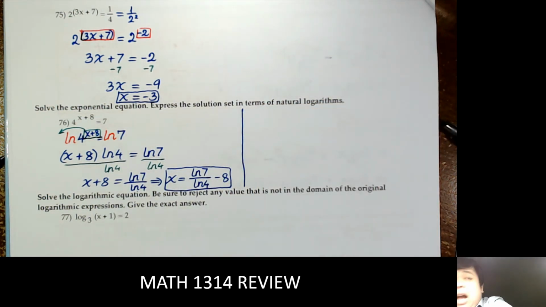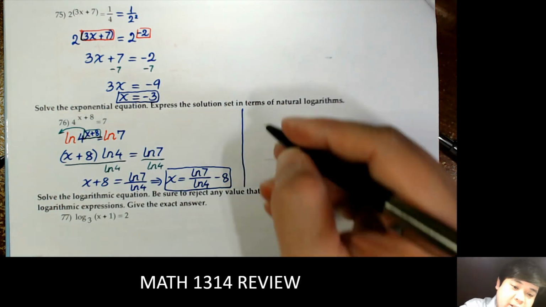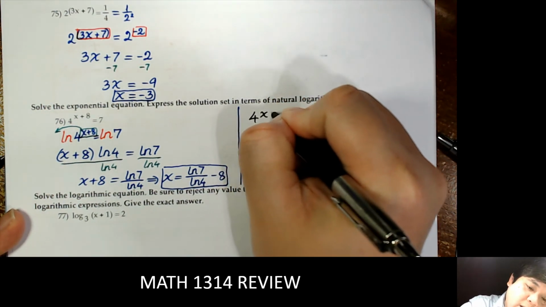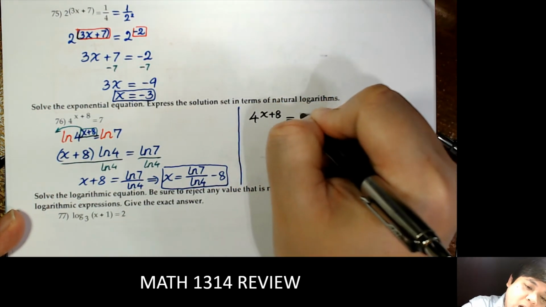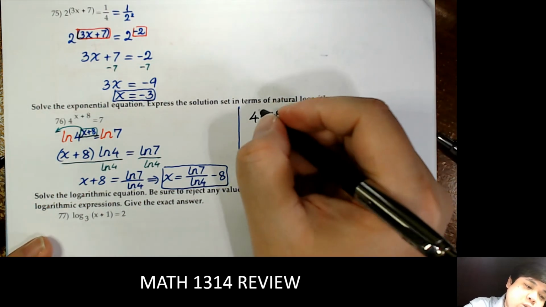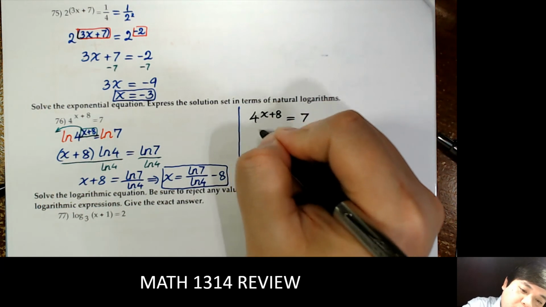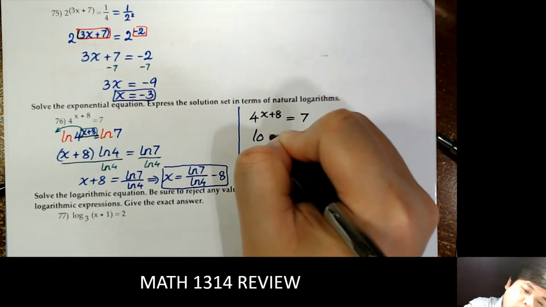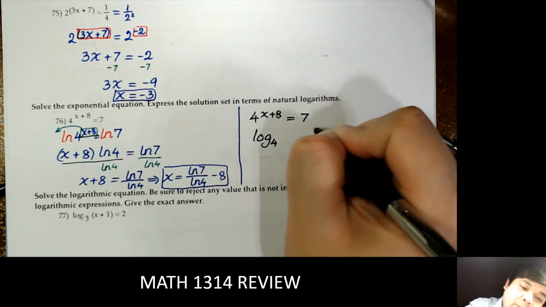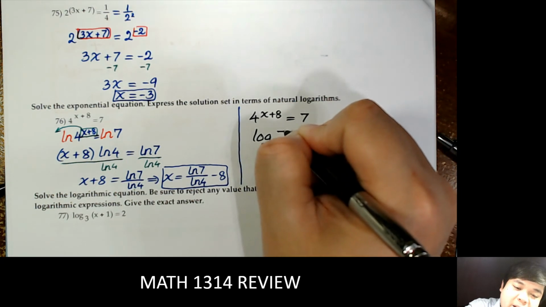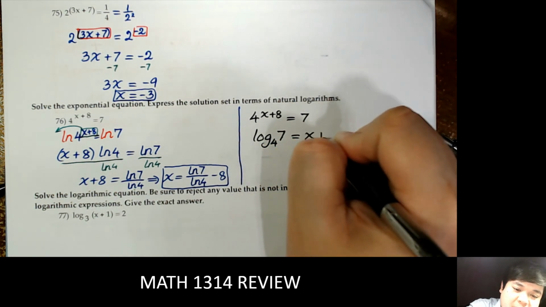Right. I also want to do that differently. 4 to the x plus 8 equal to 7. We could swap to logarithmic form. Base 4. So we say log base 4, and then we swap the 7 here and the x plus 8 there.